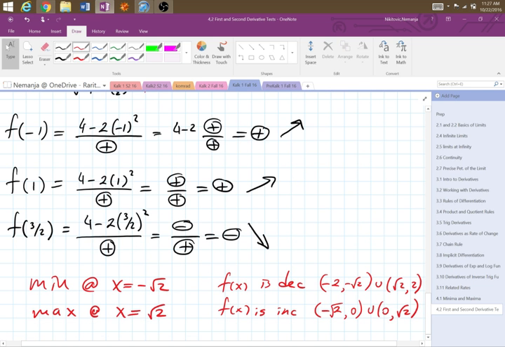These are your answers. This is what your first derivative test is telling you: what's min, what's max, and also the increase and decrease intervals. And those are all given over x values. Hopefully you are connecting that.